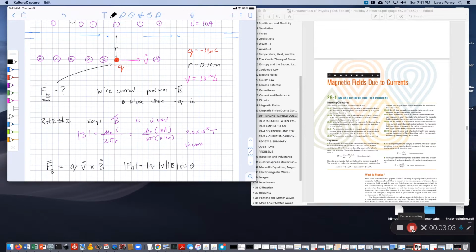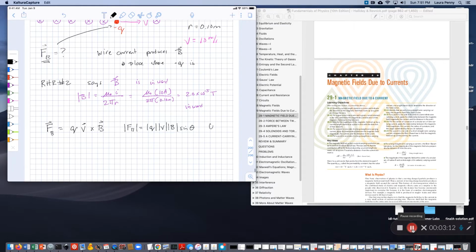The angle between my velocity, which is to the right, and my magnetic field, which is in, is 90 degrees. The velocity is like this. The magnetic field is into the board. That's a 90-degree difference between those two.